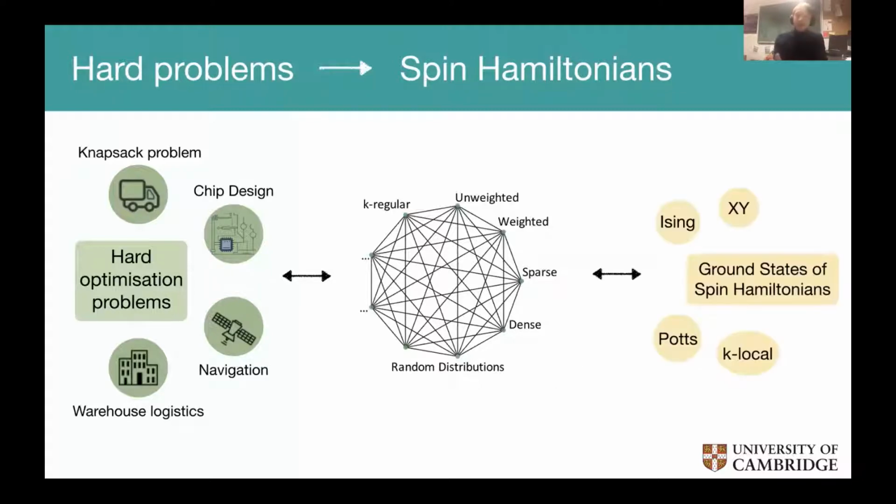And in these graphs, spin Hamiltonians can be optimized, and the ground states of the spin Hamiltonians may correspond to the optimal states of these hard optimization problems. And we've got quite a few choices of spin Hamiltonians, which are Ising, discrete models, XY, Potts, and not only pairwise interactions can be considered, we can consider k-local Hamiltonians. So in my talk, I'll be talking about the Ising spin Hamiltonian.